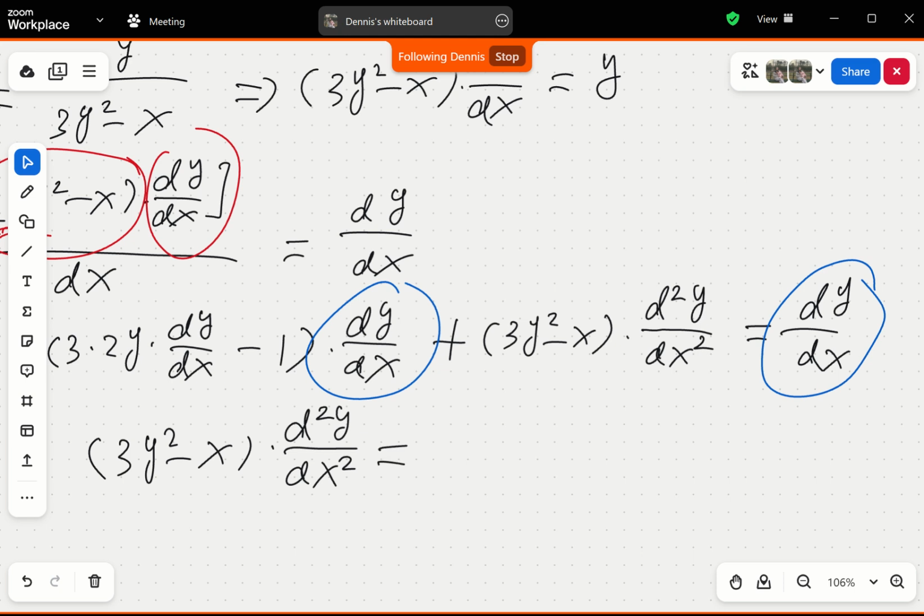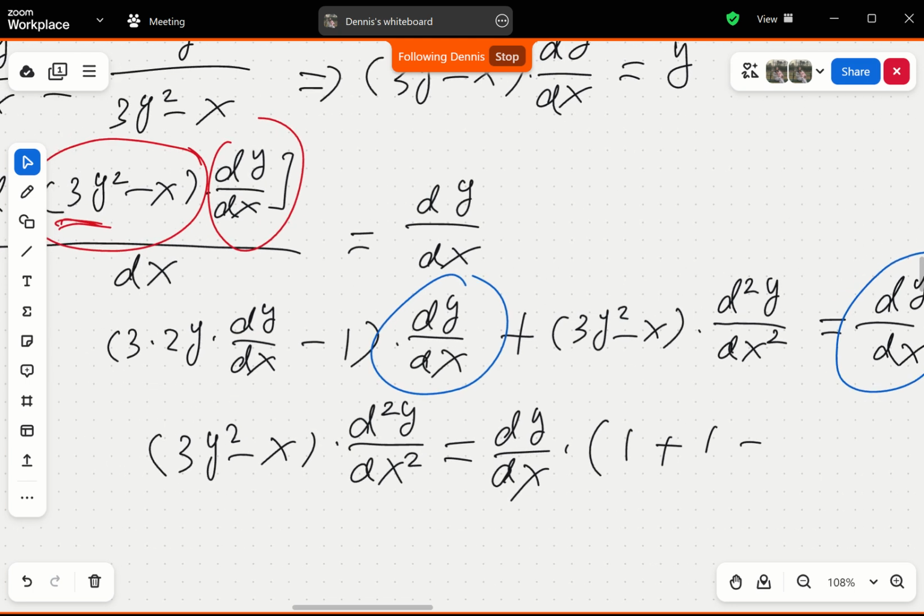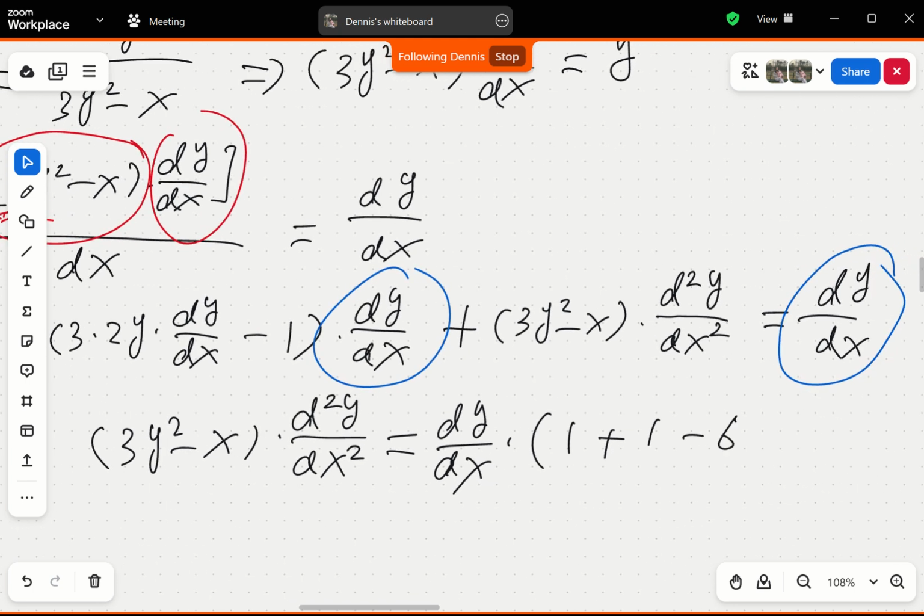And now the right-hand side would be dy with respect to x, the common factor, times 1 plus 1 minus 6y times dy with respect to x.